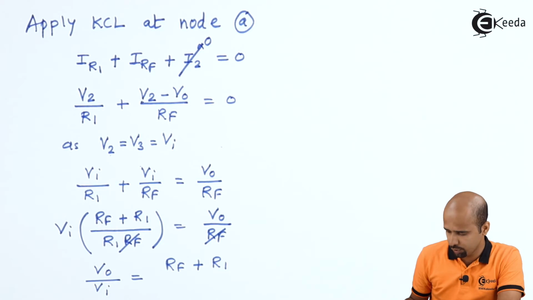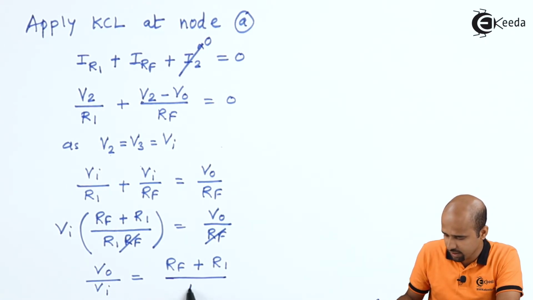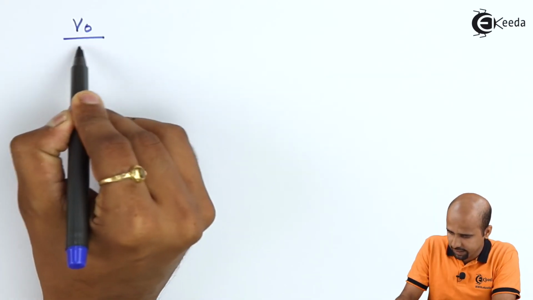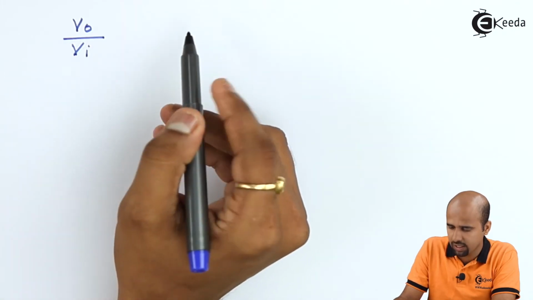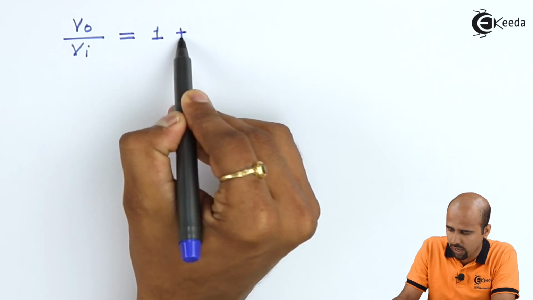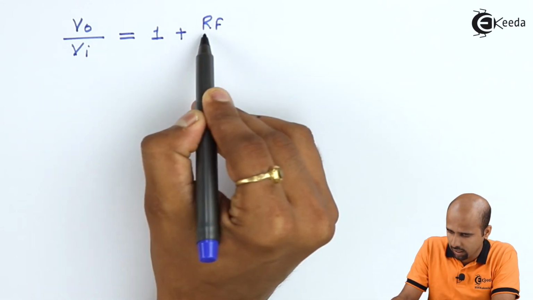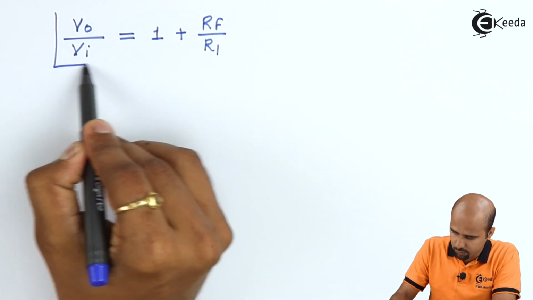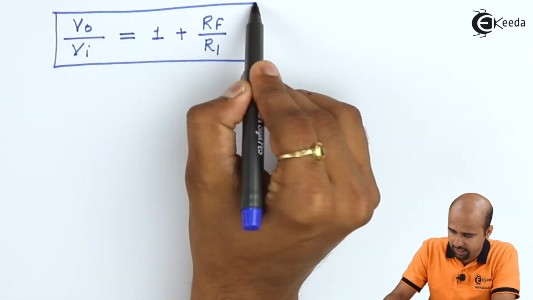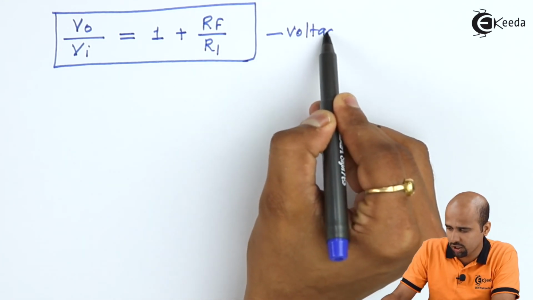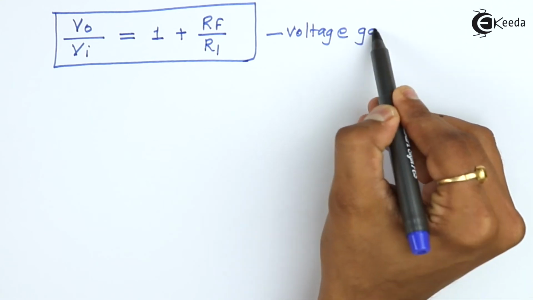So the value of VO divided by Vi is (RF plus R1) divided by R1. I can easily say that VO divided by Vi, output voltage divided by input voltage, is nothing but 1 plus RF divided by R1. This is the formula for the voltage gain of non-inverting configuration.